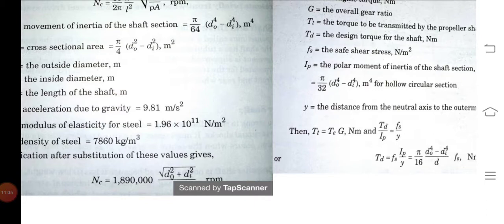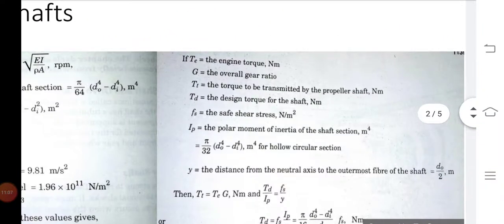If TE is the engine torque, G is the overall gear ratio, and small t is the torque transmitted by the propeller shaft, then TD is the design torque for the shaft, that is the theoretical one, and T is the actual, and Fs is the factor of safety. The recommended factor of safety is about 3, I think.